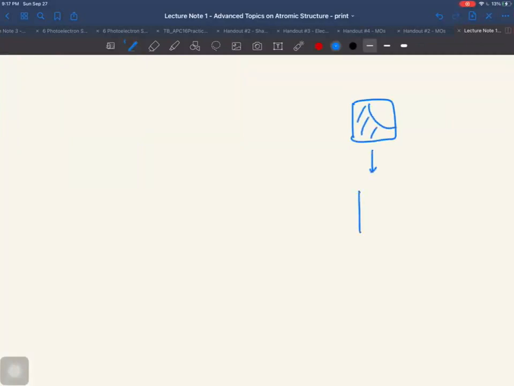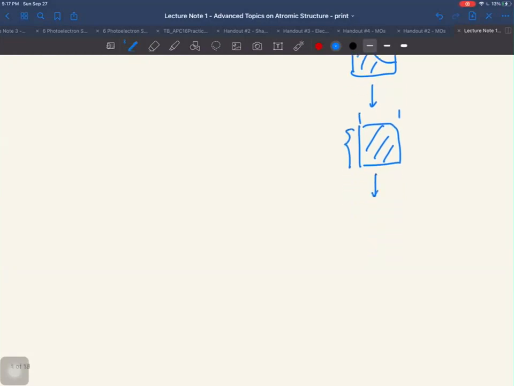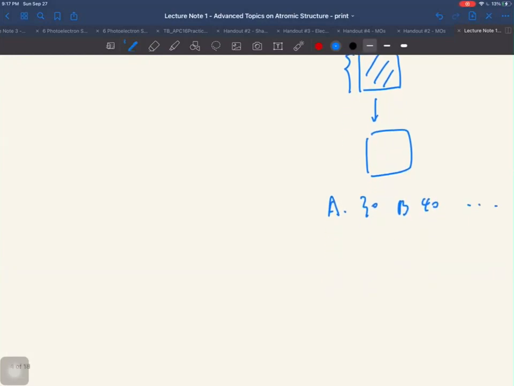The next level is easy. Calculate the area here by providing the length, the height, the width, right? And then the next level turned into a multiple choice. A, let's say, is 30, B is 40, and then C, D. And the next level is, what is the name of the shape of this?